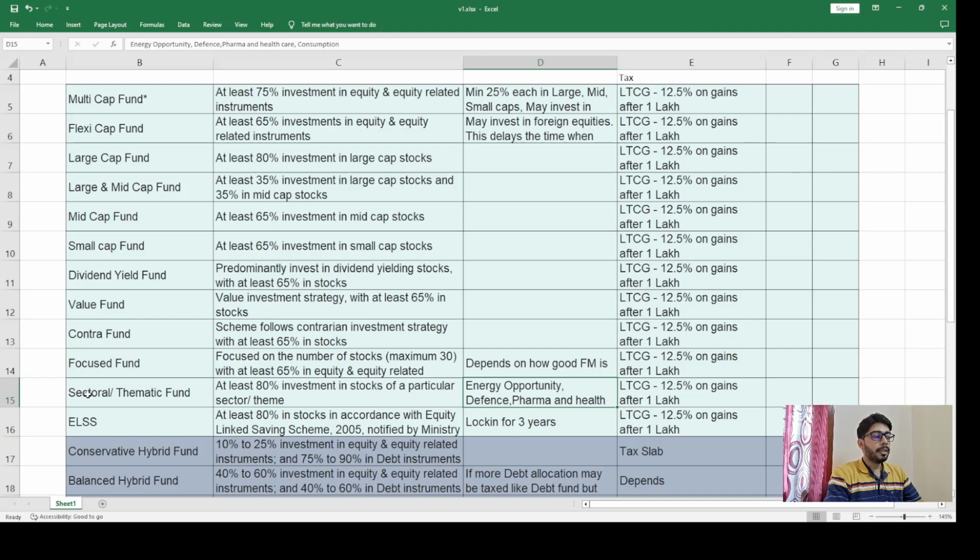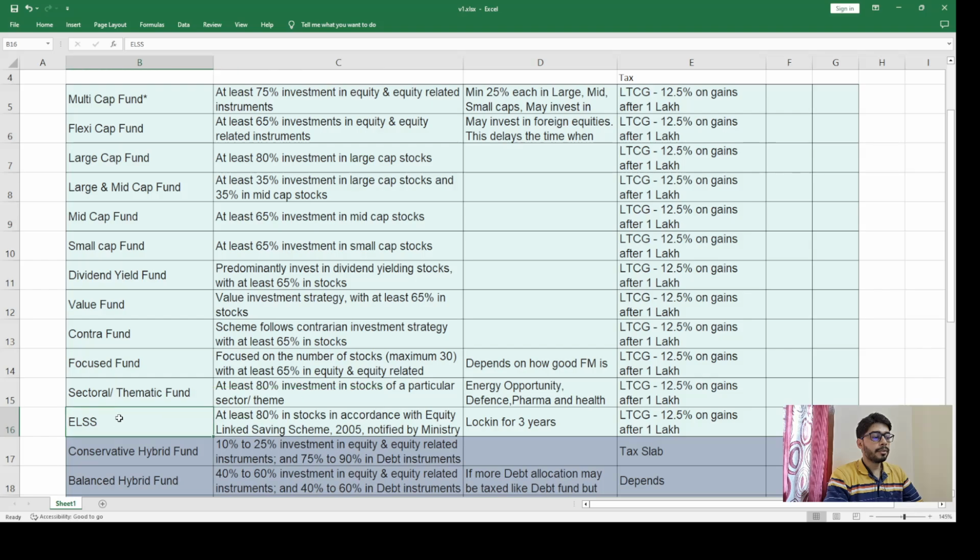So sectoral and thematic funds invest in these kinds of sectors or themes. This is not advisable for individual investors if they are not very careful and looking at their portfolio once in a while. Some of these sectors or themes might go out of flavor, and you might end up getting bad returns in those cycles where these stocks don't perform. So that is the thing you have to take care of.